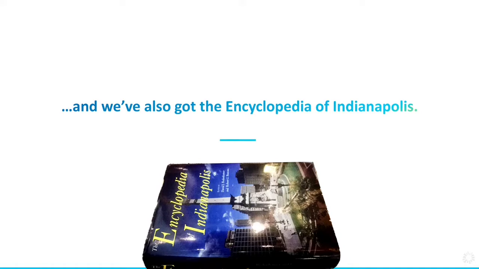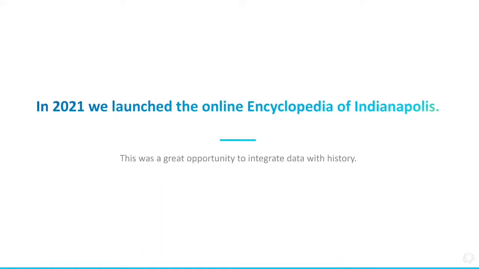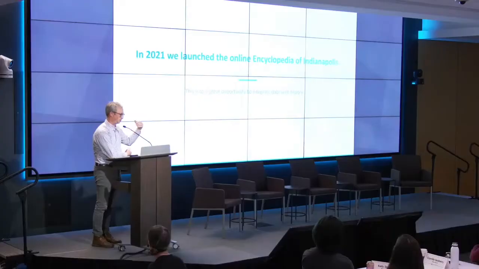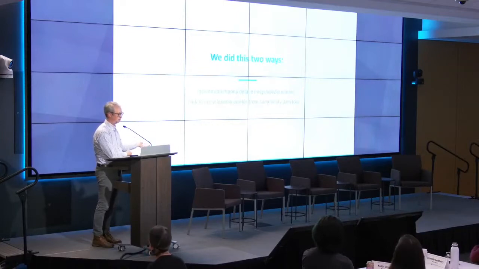So in terms of integrating history and data, we have a leg up because we have a ton of history information. This has a couple thousand entries about people, places, neighborhoods, and events in Indianapolis. That's good, but we wanted to know how we can integrate this into our community data tool, and vice versa, how we can get the data in Savvy into our encyclopedia entries.